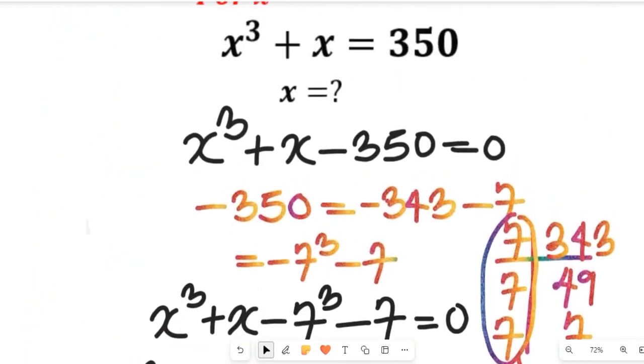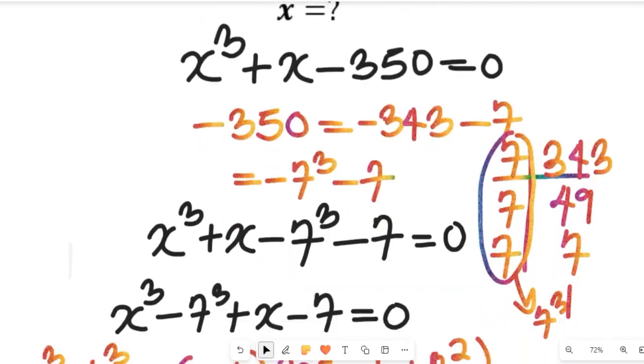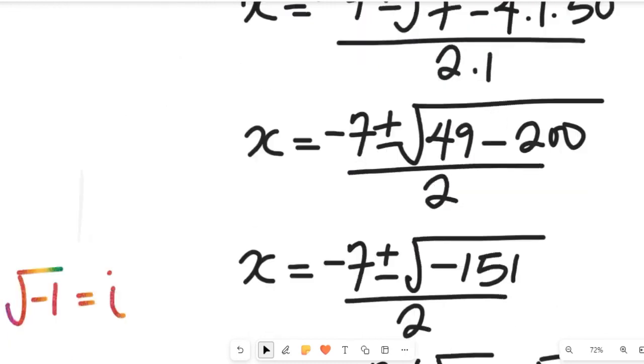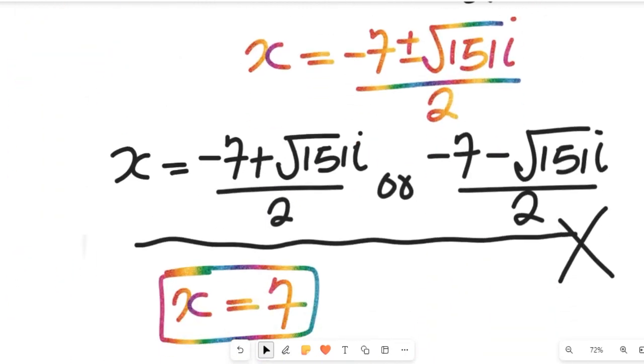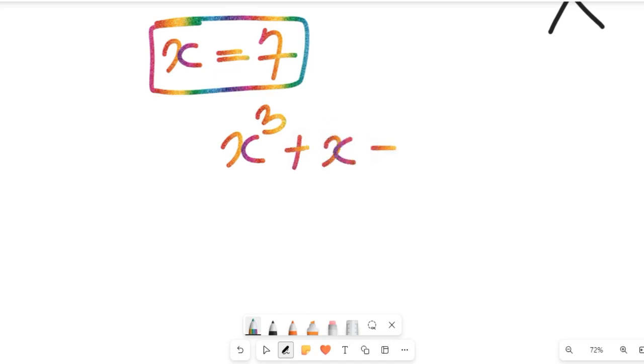Now let's test to see if this solution is actually correct. To test, we are going to insert the value of x equal to 7 into our original expression, x to the power of 3 plus x equal to 350.